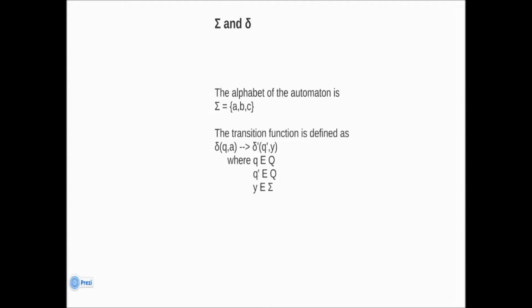Now, sigma and delta. Let's start by matching the string AABC. In this case, the alphabet is A, B, and C. The transition function is defined as follows, where Q and Q prime are both elements of the set Q, and Y is an element of the set sigma, or is a letter in the alphabet.